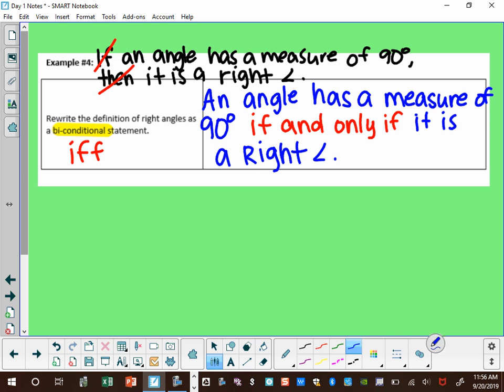You can write the word angle out; I like to just do my symbols. What's important there are the words if and only if. That's what we think about when we have a biconditional statement.